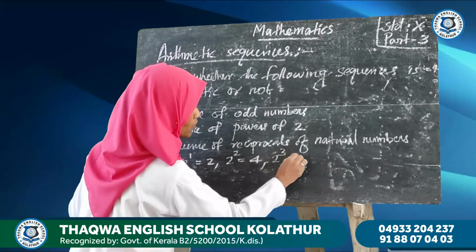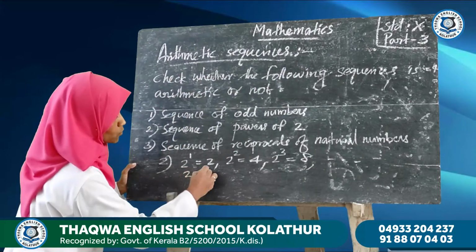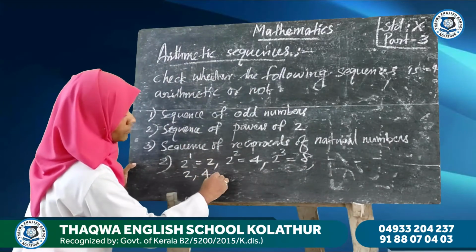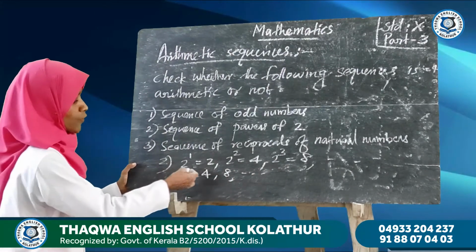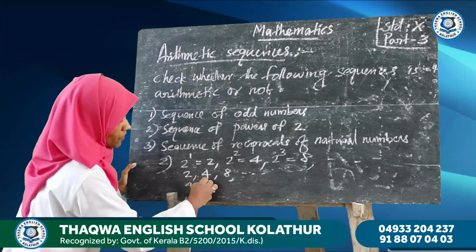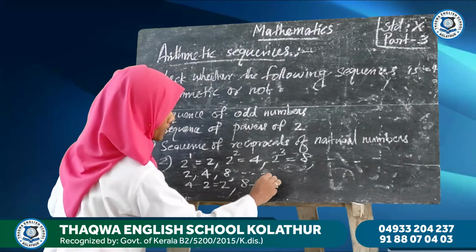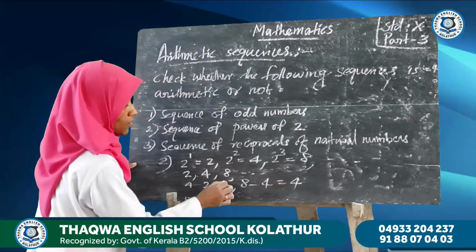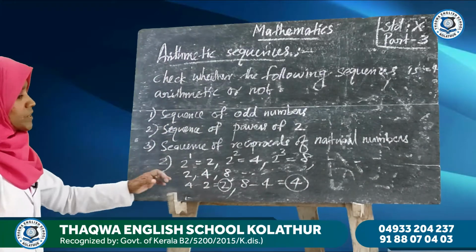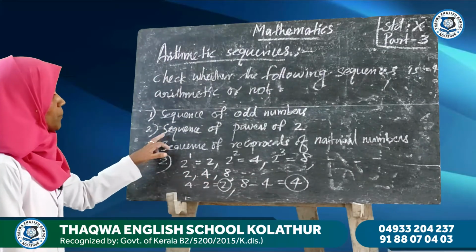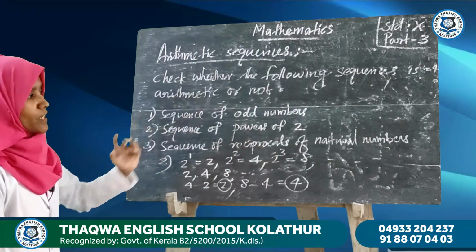Next, 2 cube, 8, etc. That is 2, 4, 8, etc. Find out the difference of consecutive terms. 4 minus 2, 2. 8 minus 4, 4. Is this difference same? No, it is not the same. So, the sequence of powers of 2 is not an arithmetic sequence.